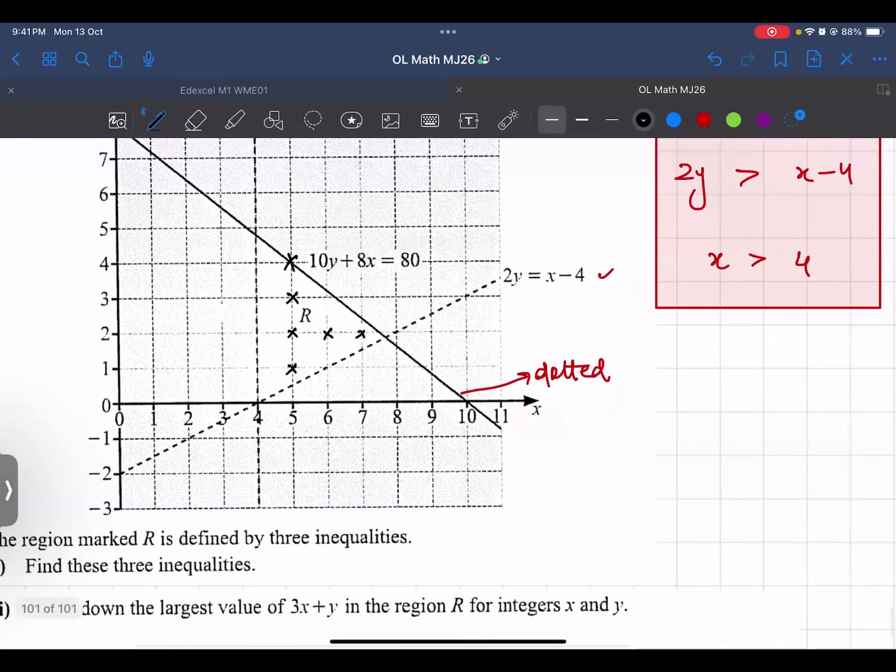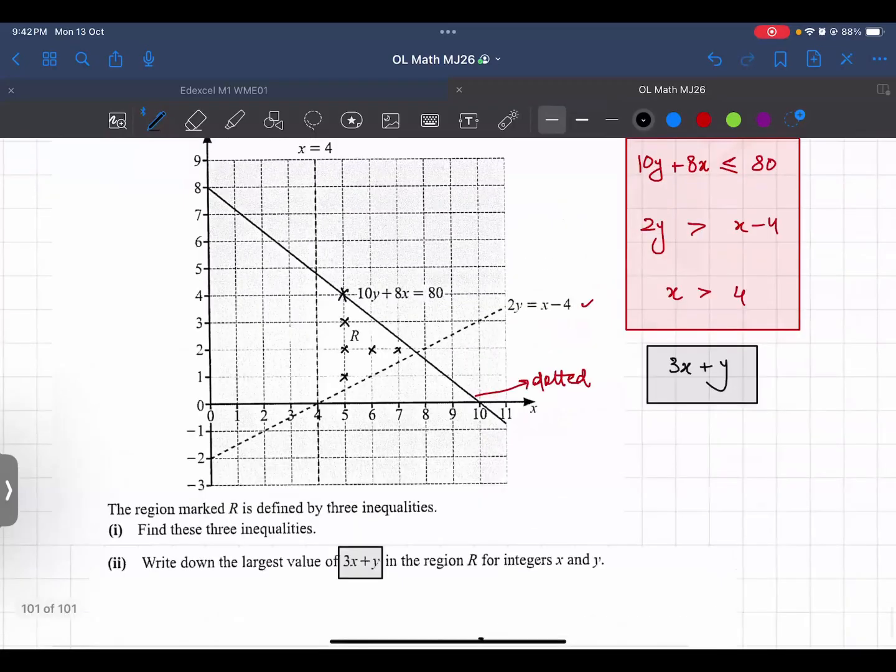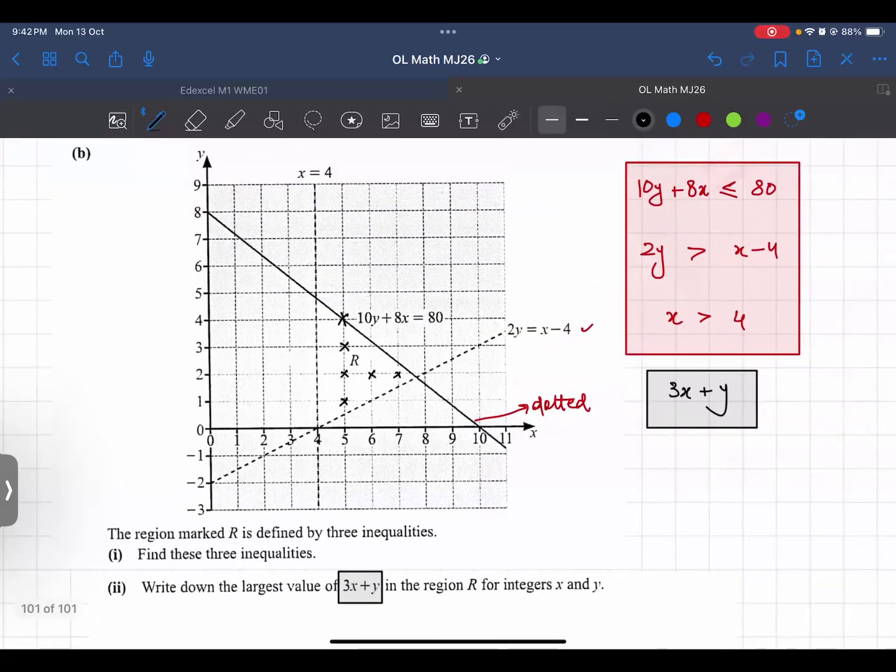You want the maximum value of 3x plus y using the coordinates in the region R. The points on the line are not outside R. This line is a solid line, so the values on the line can also be used.